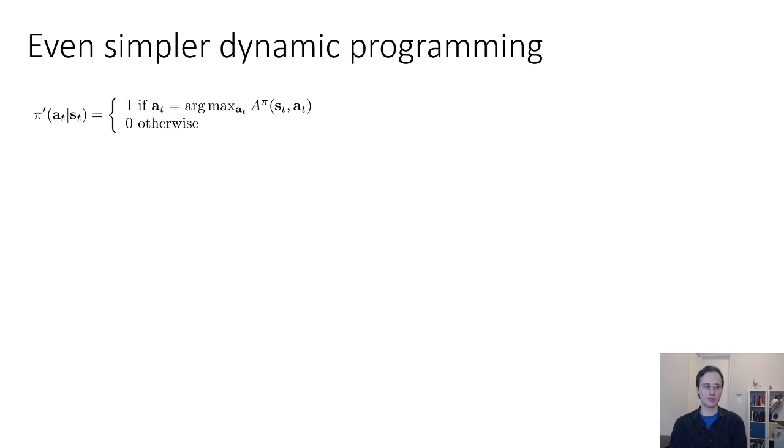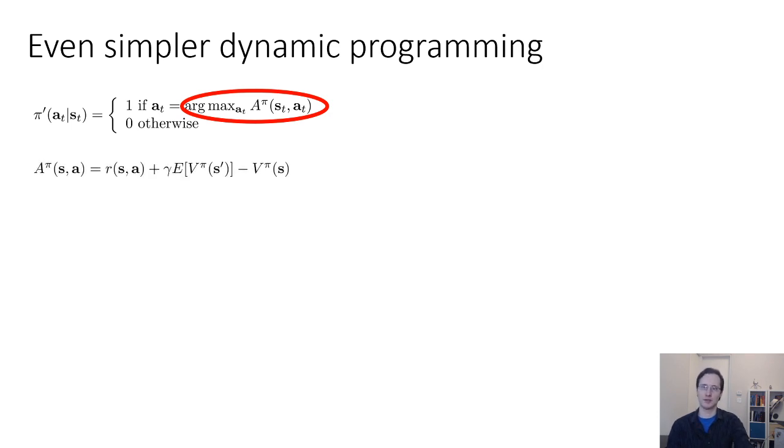Now, there is an even simpler dynamic programming process that you can design that kind of short-circuits this policy iteration procedure. So to see this, here are the following steps that we need. So first, notice that we're taking the argmax of the advantage function when you compute the policy. And the advantage is the reward plus the expected next value minus the current value.